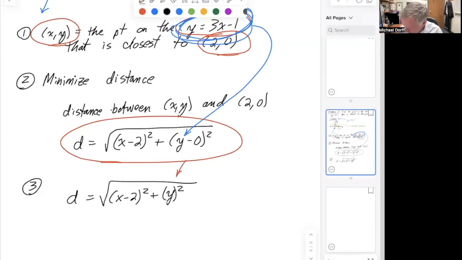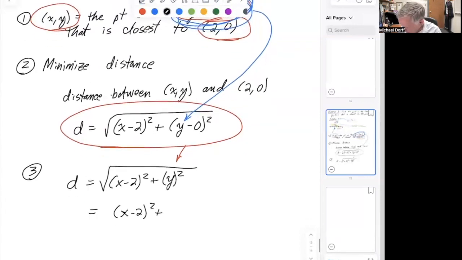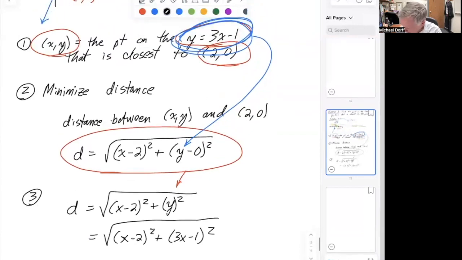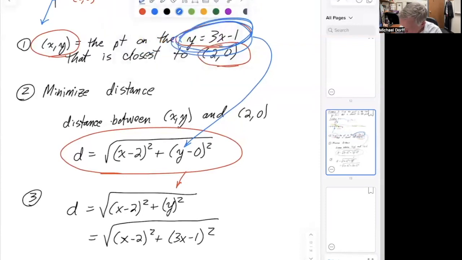But now we're going to add what y is. So we're going to say this is x minus 2 squared plus, and instead of putting y in there, we're going to put 3x minus 1 squared, like that. And again, where does that come from? That's this blue equation, and we're putting that in for y there.